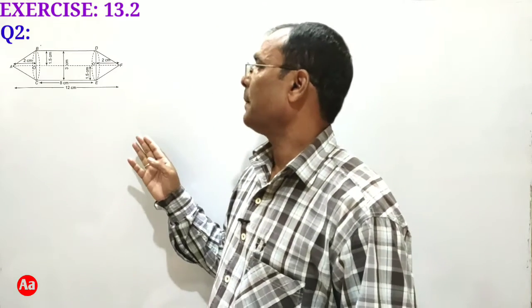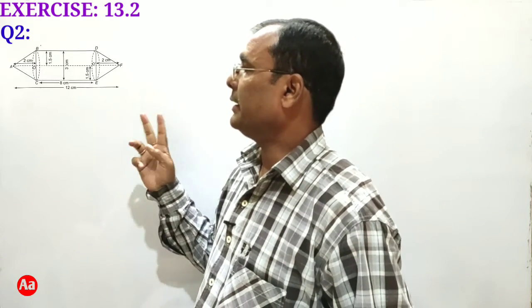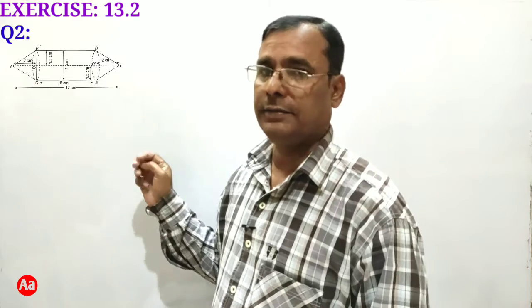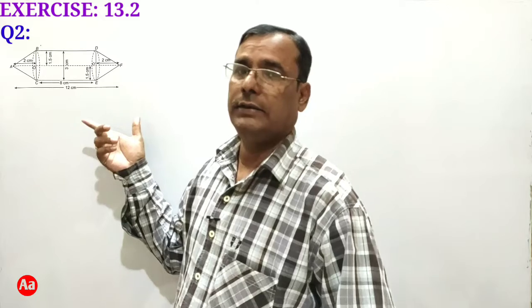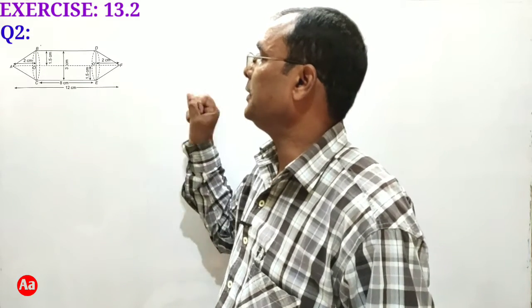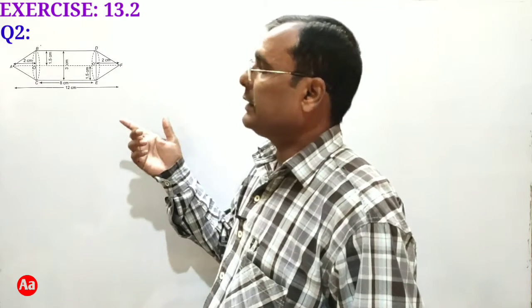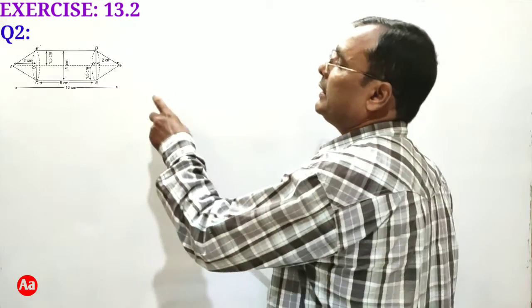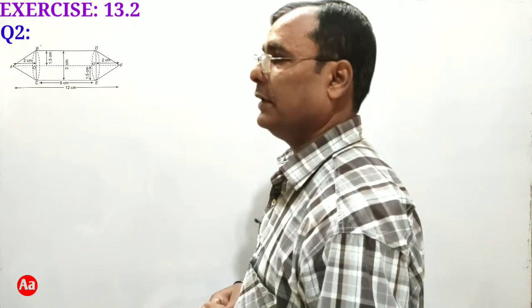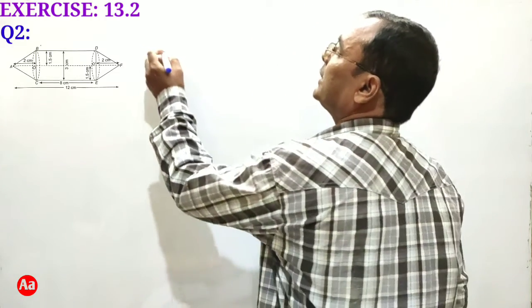In this figure the model is shown. In this model, two cones are attached to the cylindrical part of the model. Total height, total length of the model is 12 centimeter and diameter is given 3 centimeter. So let us write the radius of the model, which will be the radius of the cylindrical part as well as of the conical ends.